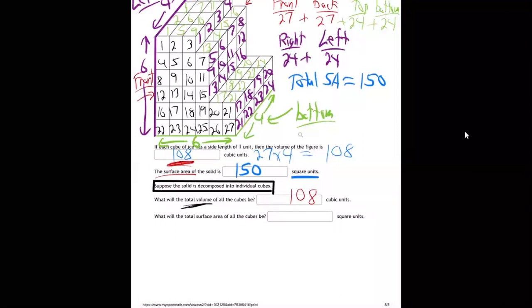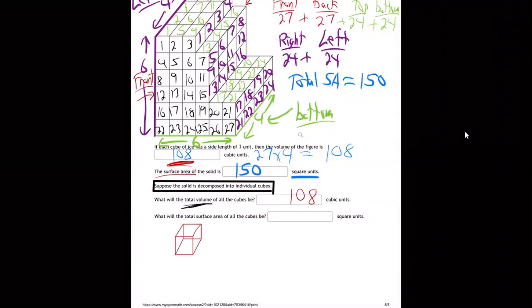Let's see. I have a drawing tool thing here. I want to make it a square. Good enough. So we have a cube, right?